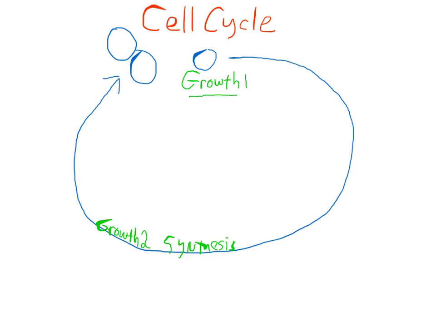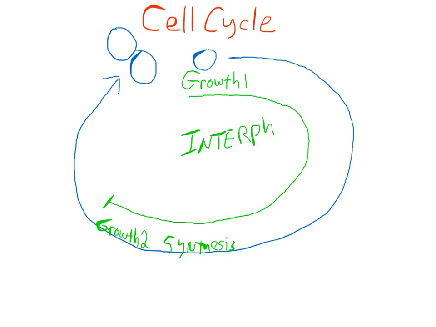These three phases together, growth 1, synthesis, and growth 2, are collectively known as interphase. Roughly 90% of a cell's life is spent in interphase, with the majority of it being in growth 1.